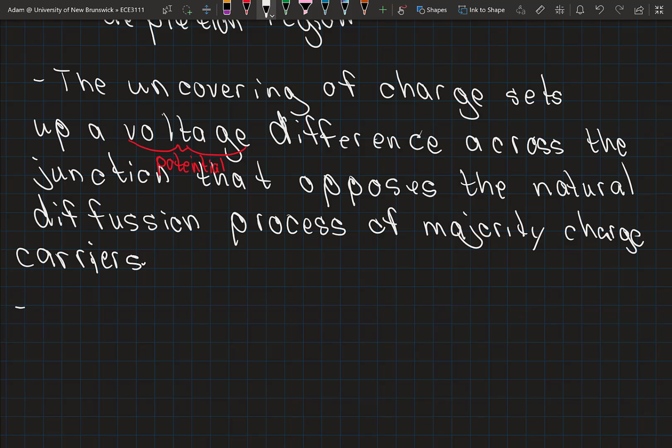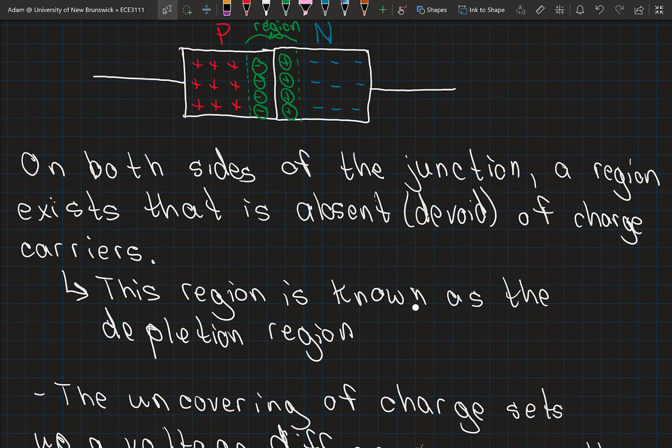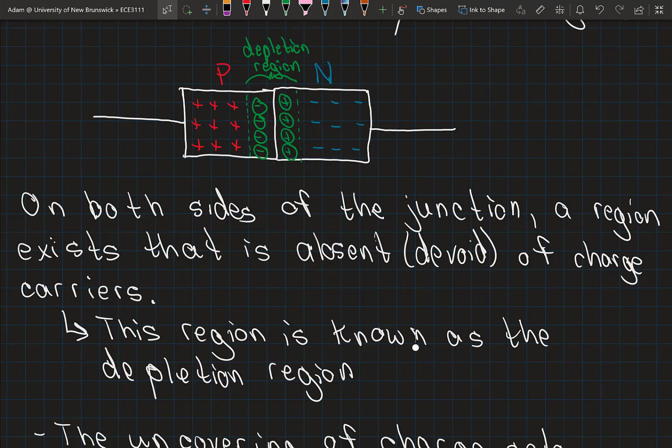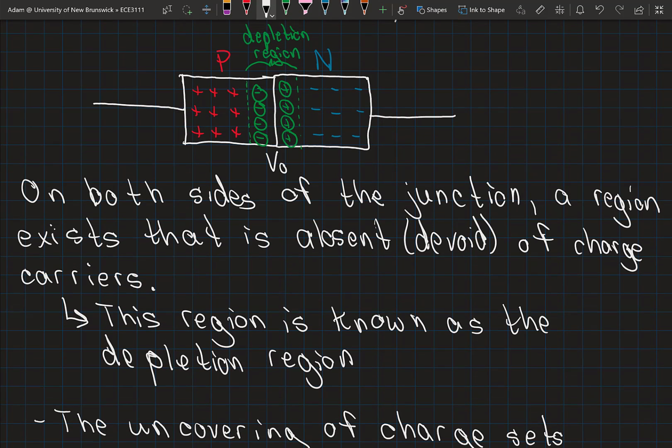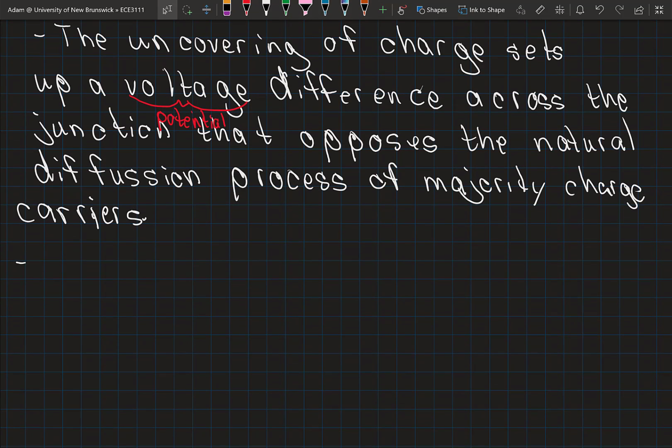Okay, so just to go back here, let's label this voltage difference on my diagram of my diode here. Let's call this V0. It's going to exist across this depletion region or across this junction. Okay, well, if we have a voltage across some distance, that distance being the width of the depletion region, we're going to establish an electric field.